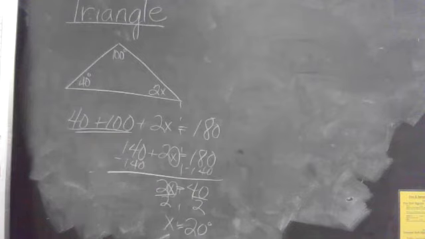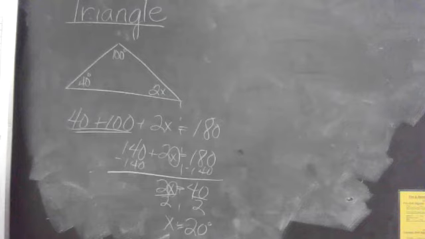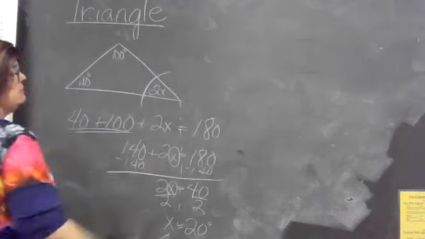Now you got to be really careful and read the instructions, because some questions on your GED test may say, find the value of x, which is what you're doing on this page. But some questions, you need to go back and find out what they want. They might say, find the measurement of the third angle. And so it's not 40 degrees.